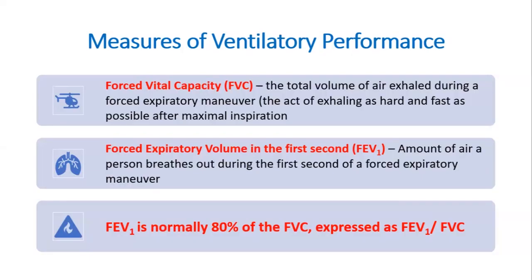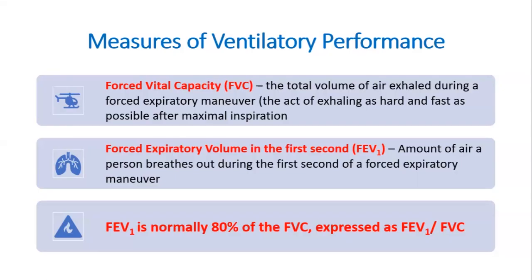All right? So I want you to pay particular attention to this page where we talk about forced vital capacity, which is the total volume of air exhaled during a forced expiratory maneuver, which is the act of exhaling as hard and as fast as possible after taking as much air as you can take in. So that's forced vital capacity, or FVC.